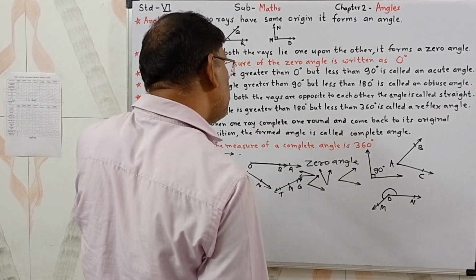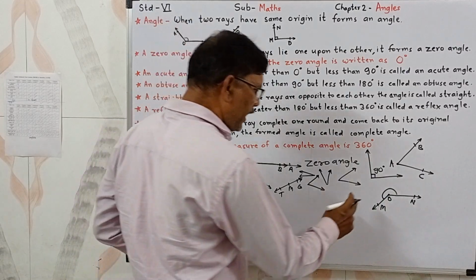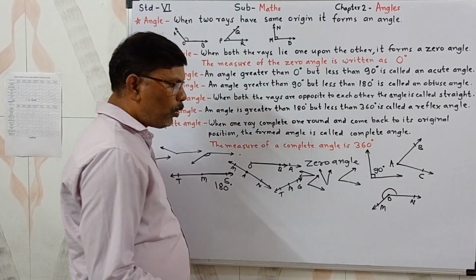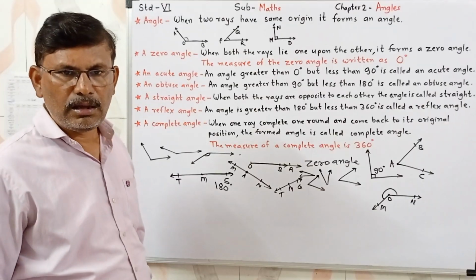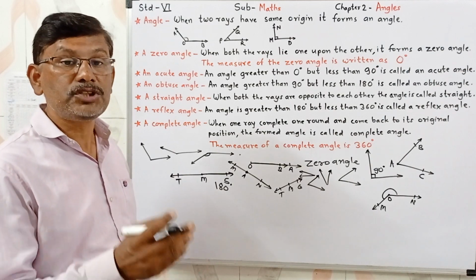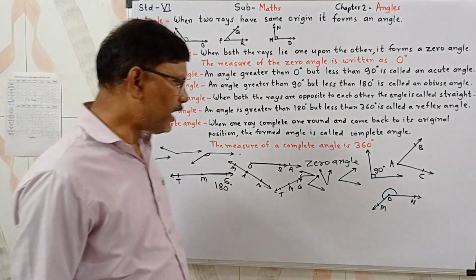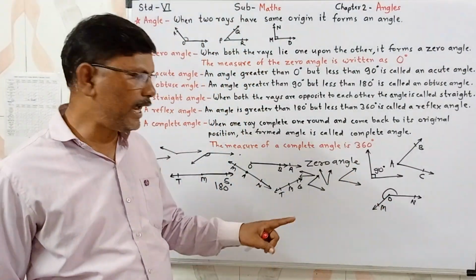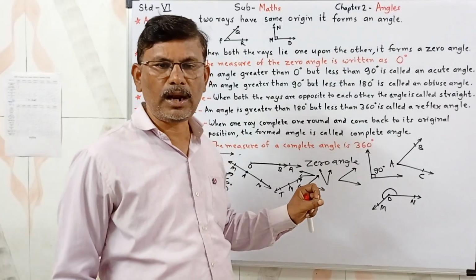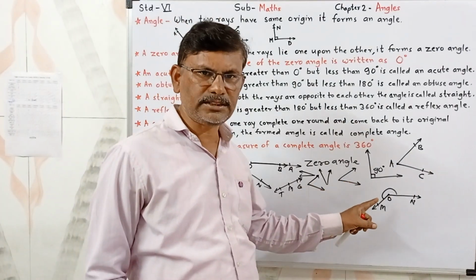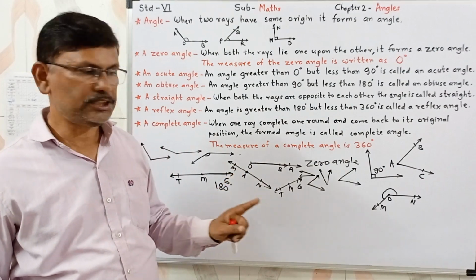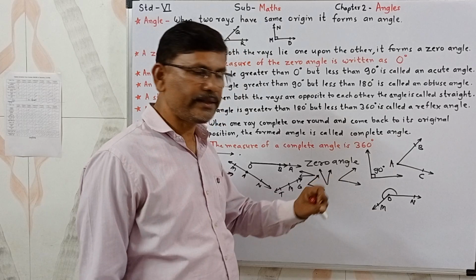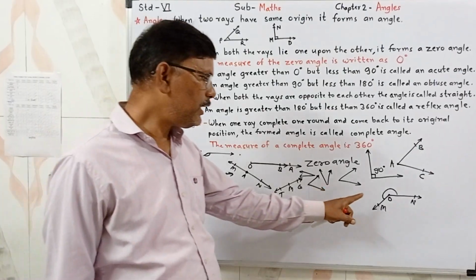But this angle is greater than 180 degrees and less than 360 degrees. An angle that is greater than 180 degrees and less than 360 degrees is called a reflex angle. Understood?